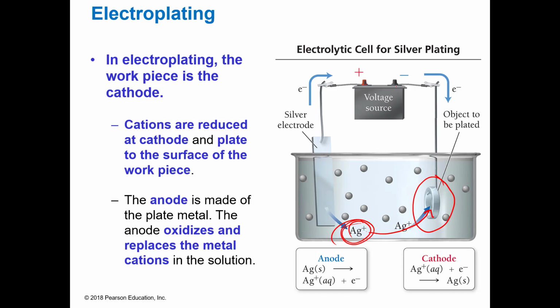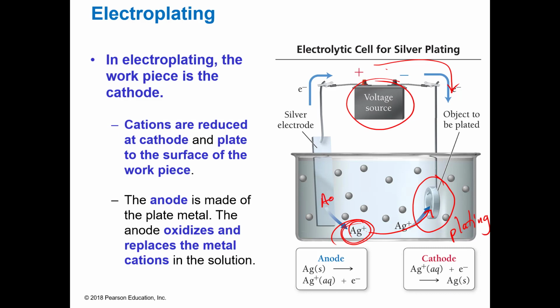This is because we're providing electrical force to make this happen. So the working piece of an electrolytic cell is the cathode. That's where your plating is going to occur. The cations are reduced at the cathode, and then they plate on the surface of that cathode.